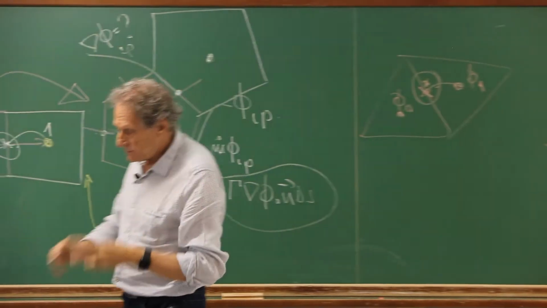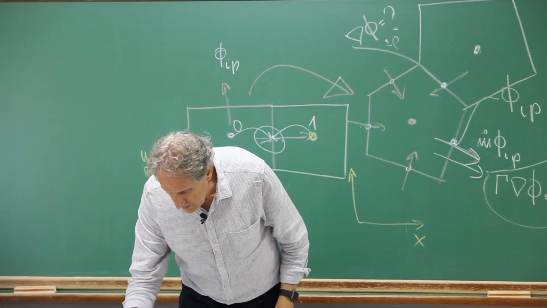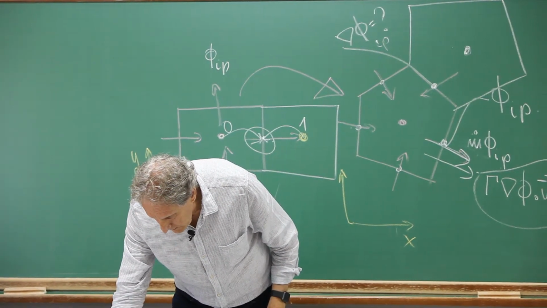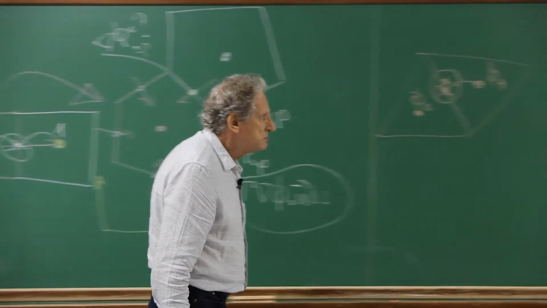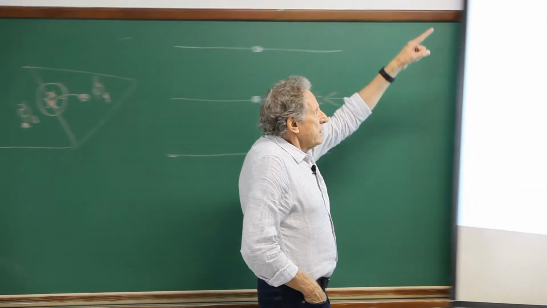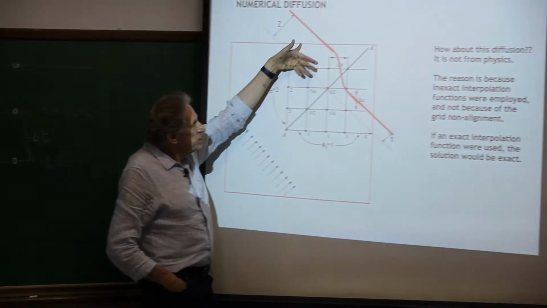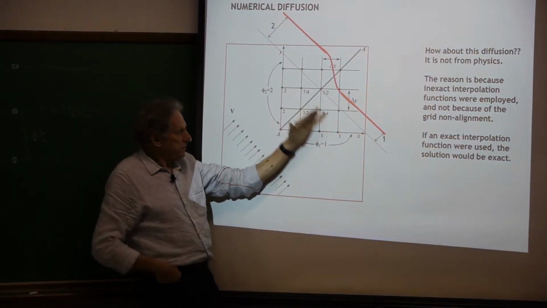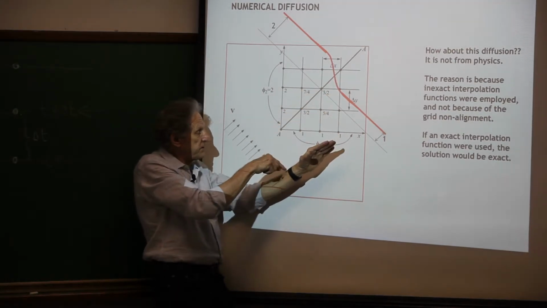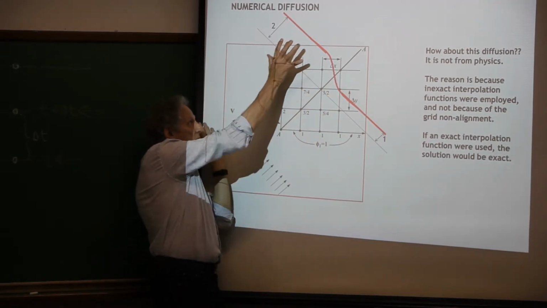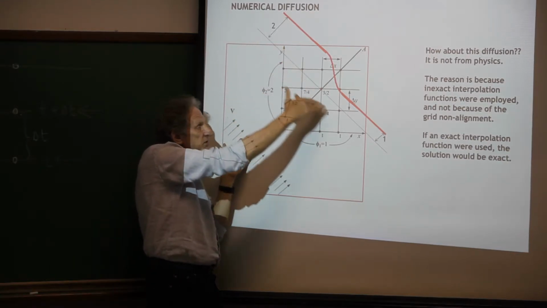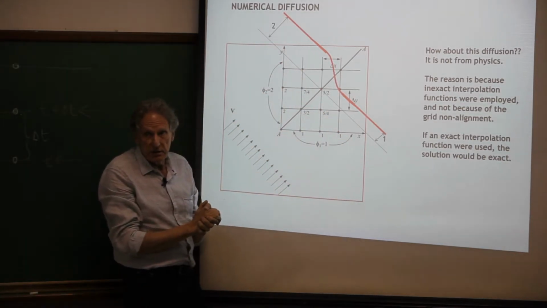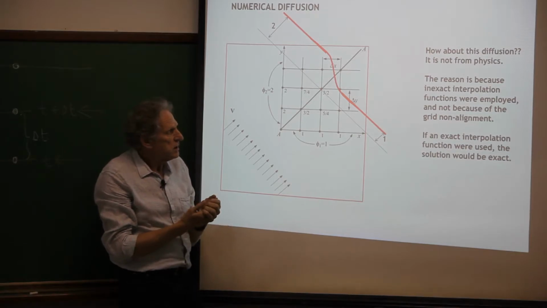The profile will look like that. Here's the profile. There is some diffusion. Here's our flow with phi equal to 1. On the top, our flow with phi equal to 2. And there is some smearing of the gradient, so diffusion.